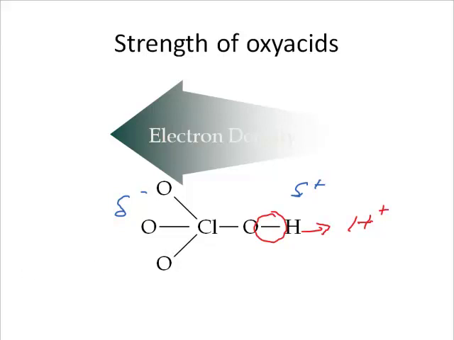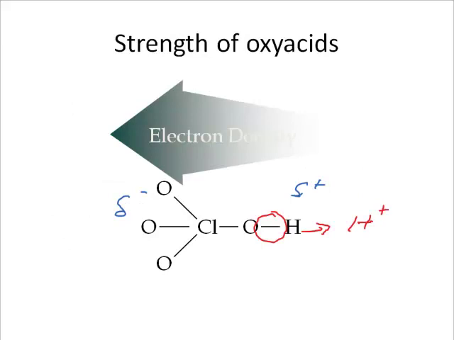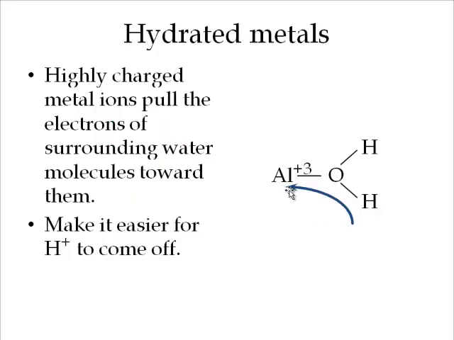Now let's look at one more situation, where we have something like aluminum floating around. Aluminum is very polar on the positive end, right? And what's it going to attract? It's going to attract the oxygen. This is a very similar situation to what we have right here. We have such a greater charge on this side that it makes it easier for H to come off and make an H plus.